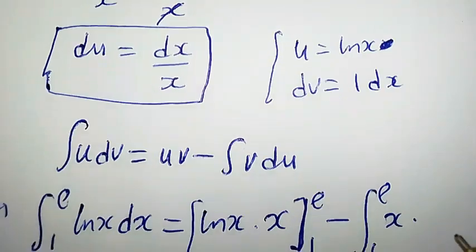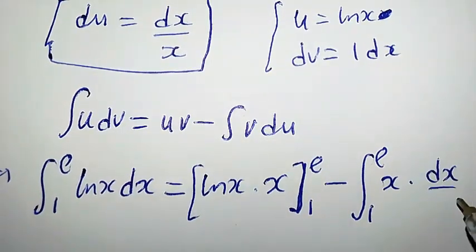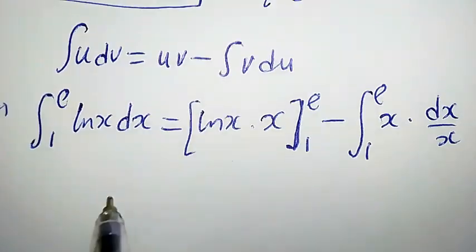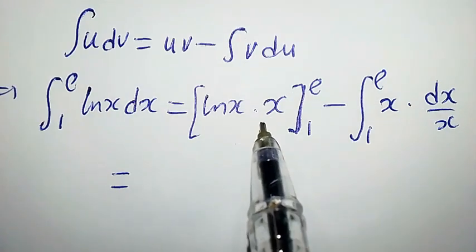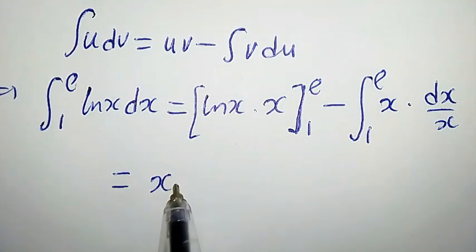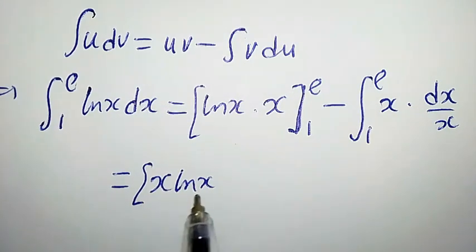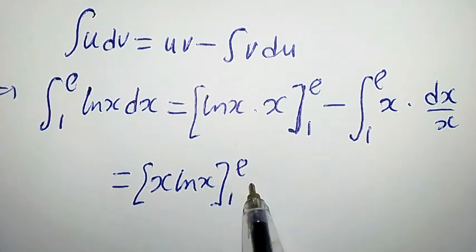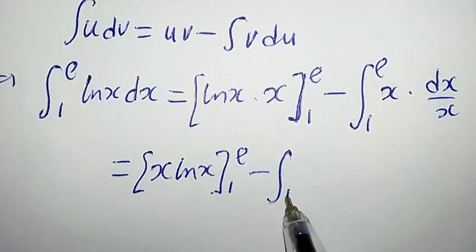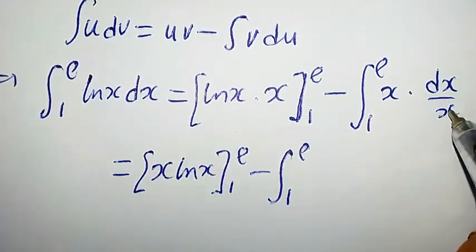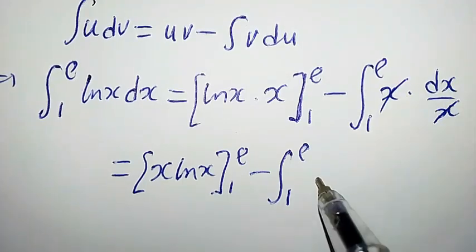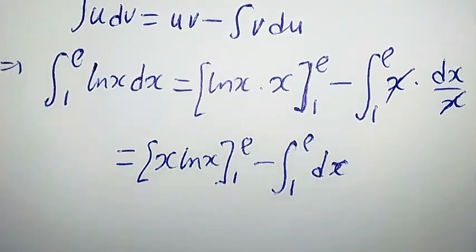So we have times dx over x. This is equal to ln x times x, that is x times ln x, evaluating from 1 to e minus the integral from 1 to e. x takes care of each other, we are left with dx.